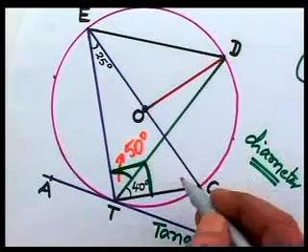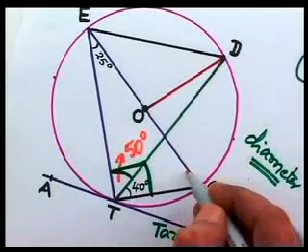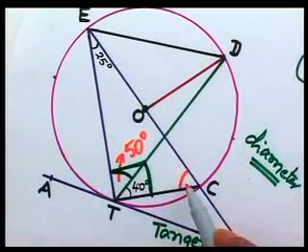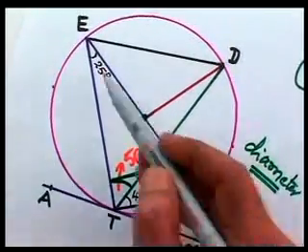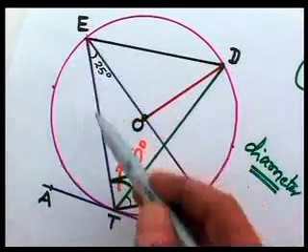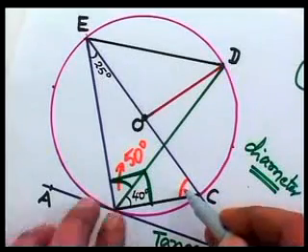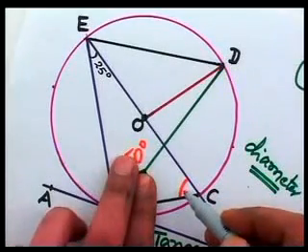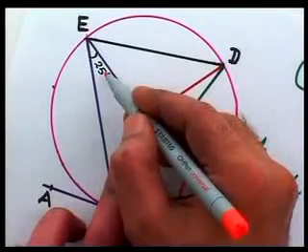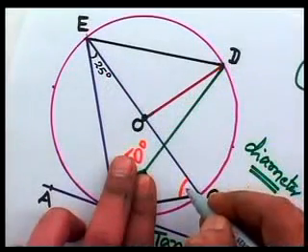Now, can you find this angle here? Come on, think. Is there a way you can find this angle? Triangle ETC, concentrate on that and tell me, is there a way you can find this angle, please? This is 90, we know. And that angle is 25. What should be this?